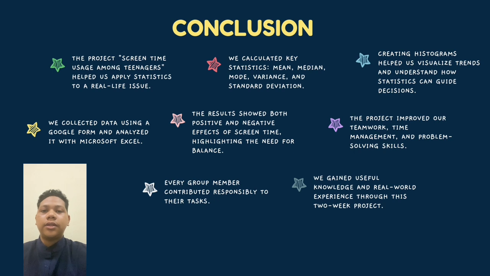For example, while screens can be educational and a form of entertainment, too much screen time can affect physical health, sleep, and even social interaction. Next, creating histograms helps us visualize trends and understand how statistics can guide decisions.